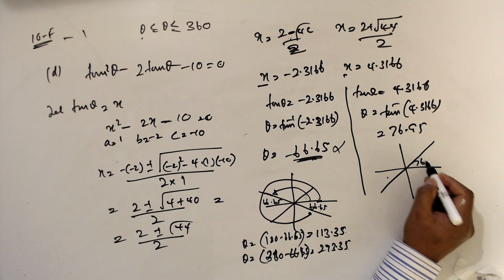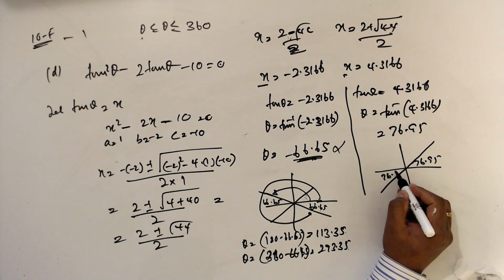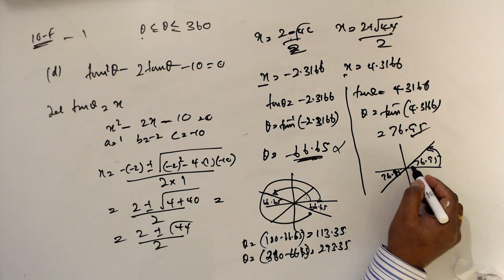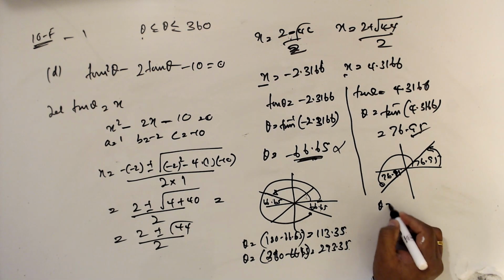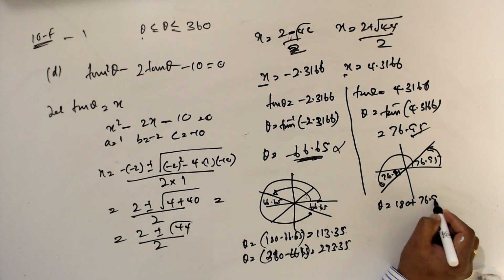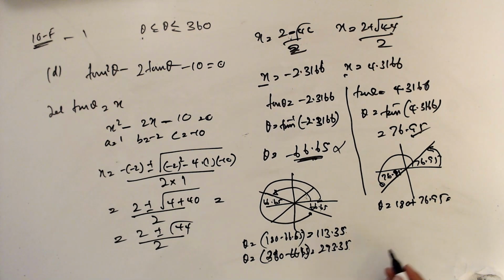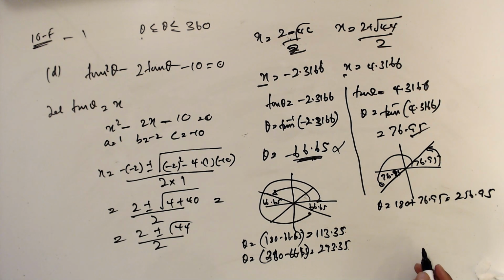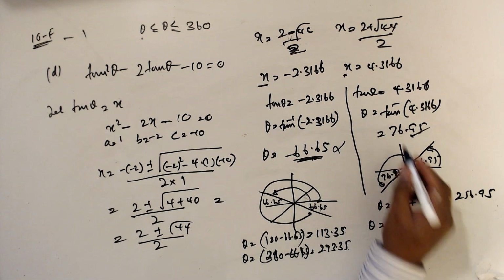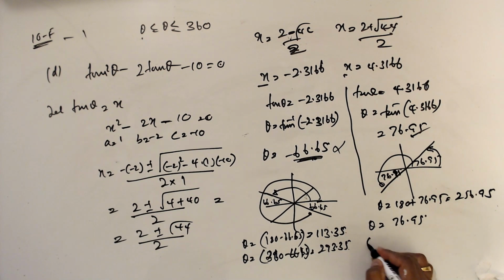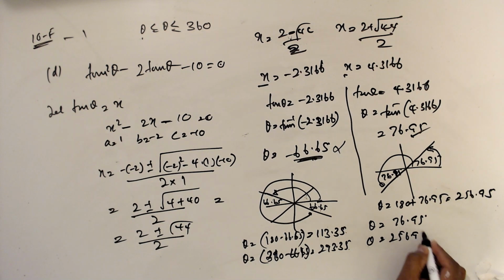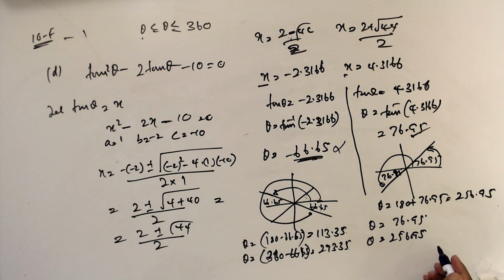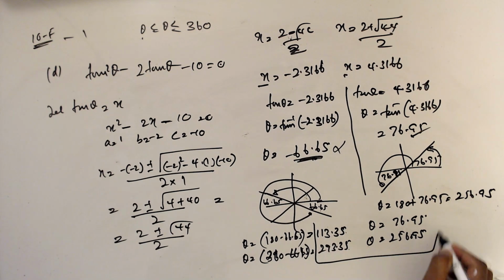So this is 76.95, and the first one is fine, and the second one is 180 plus 76.95, which is 256.95. So those two angles are 76.95 and 256.95. If we add 360 further, it is going to be out of range. So those are the final four answers.